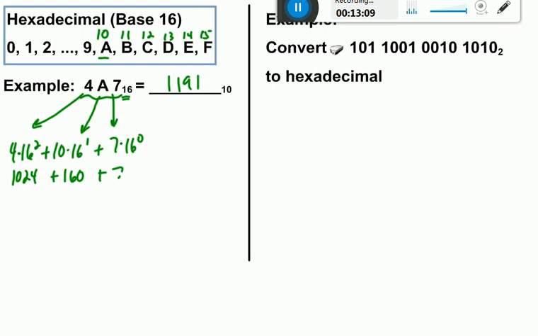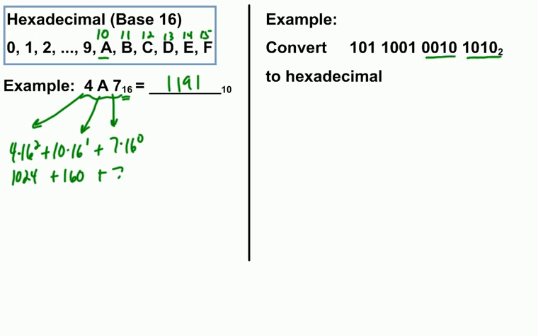Okay. Now, one of the reasons we want to use hexadecimal conversions is every 4 binary digits, right, 2 to the 4th is equal to 16. So we can represent and basically compress every 4 digits starting from the right and going left.